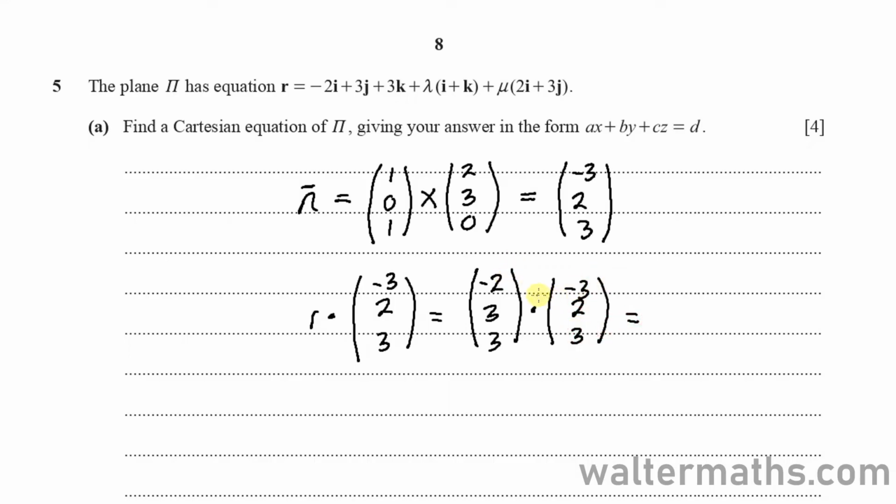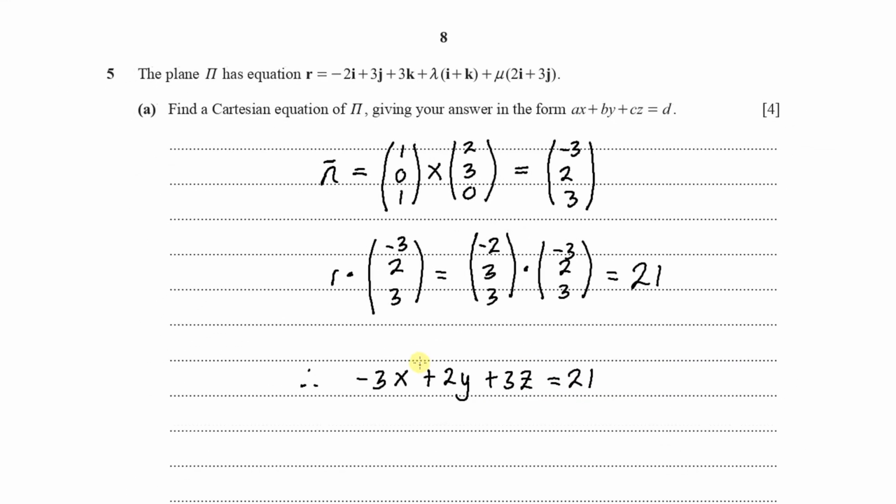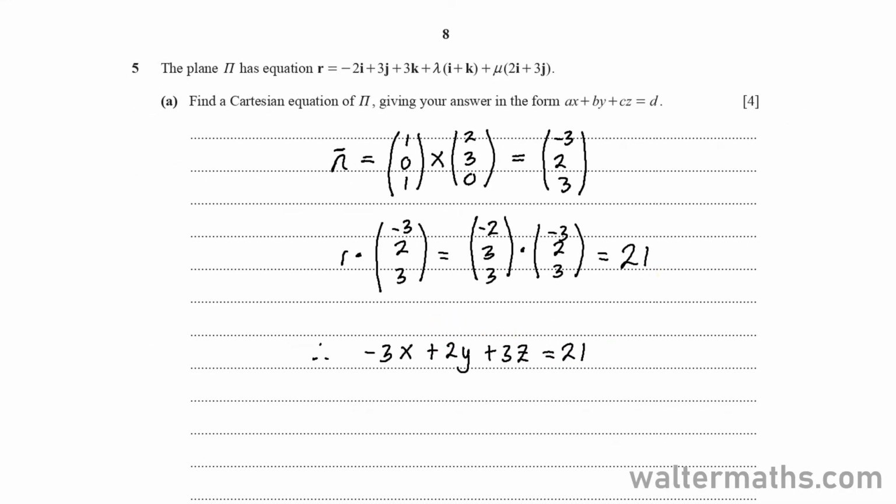Now this simplifies to, for the dot product, 6 plus 9, and that gives us 21. So therefore, in Cartesian form, the equation of the plane will be minus 3x plus 2y plus 3z equal to 21. So that's the answer to part A.